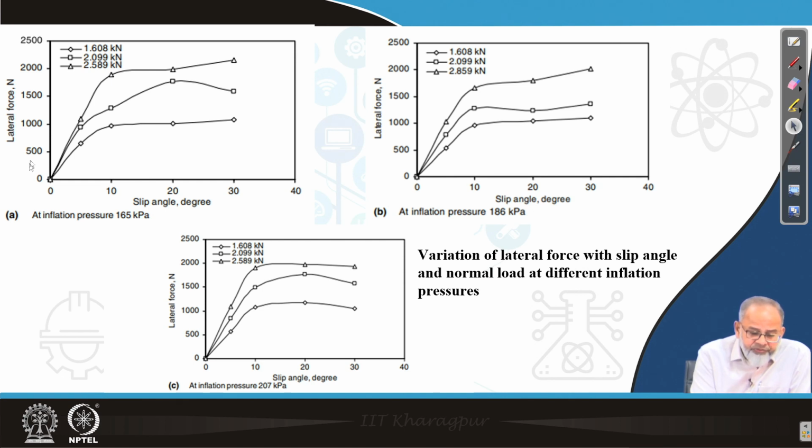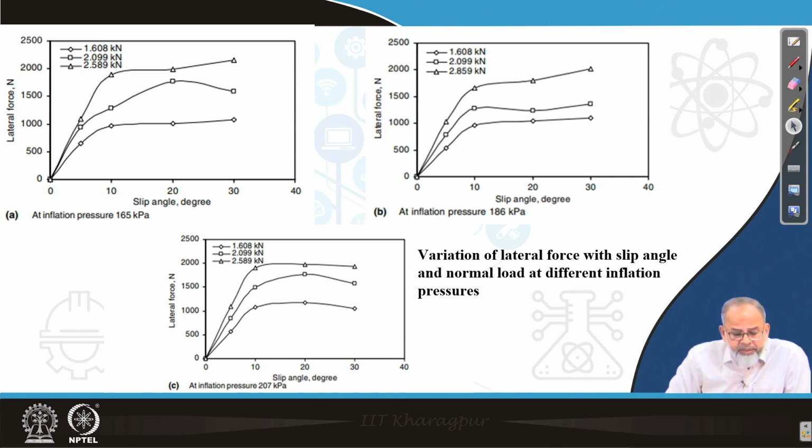So, lateral force is a function of slip angle and a function of normal load. The more the load, the more will be the lateral force, and the relationship between lateral force and the slip angle is linear up to a certain degree of slip angle. Beyond that, the relationship is irregular.